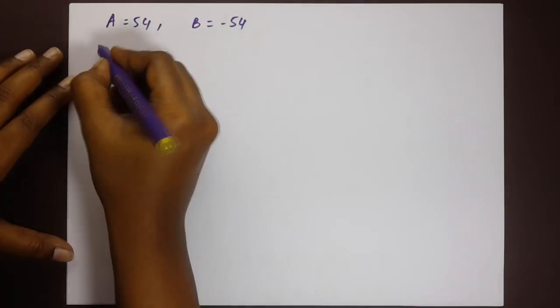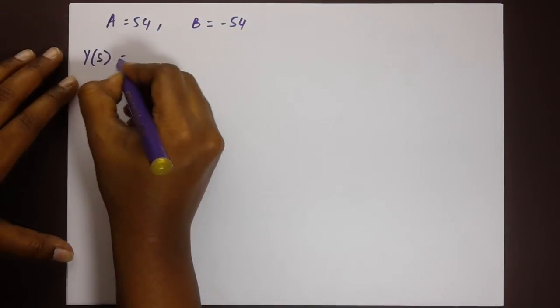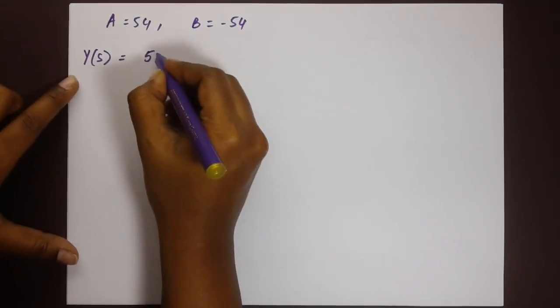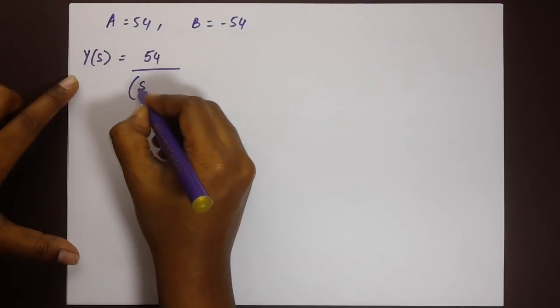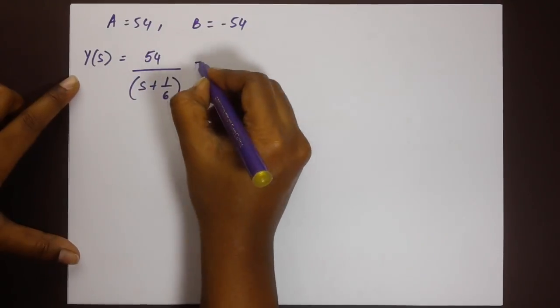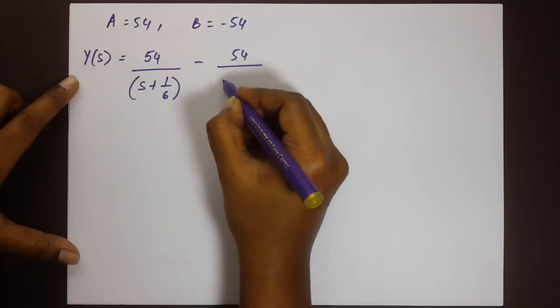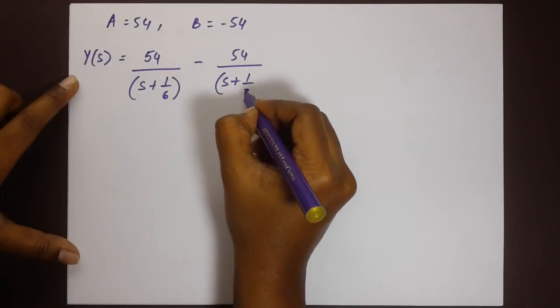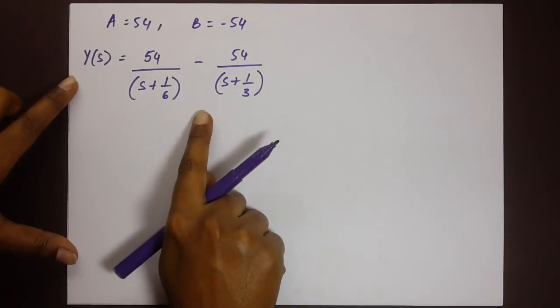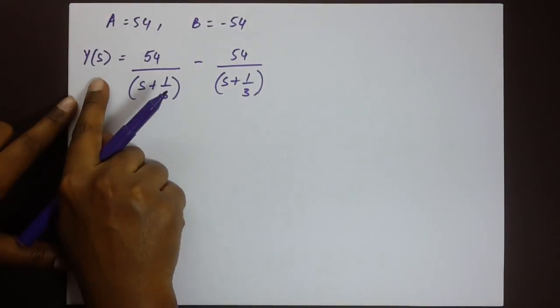We substitute it in equation 2 to get Y of s is equal to 54 divided by s plus 1 by 6, minus 54 divided by s plus 1 by 3. So this is the expression for Y of s.